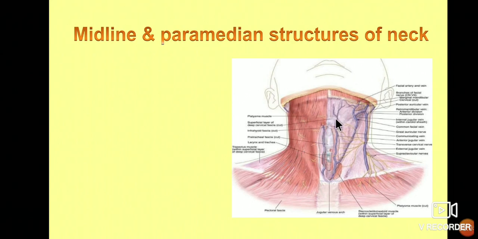Then you also see the anterior jugular vein. Mainly you come across the anterior jugular vein, which starts in the suprahyoid region by the union of small veins, and the main trunk of the vein you can see on either side of the midline.